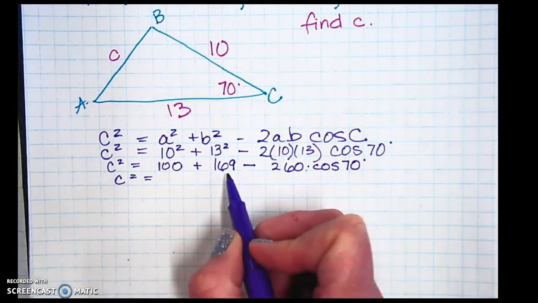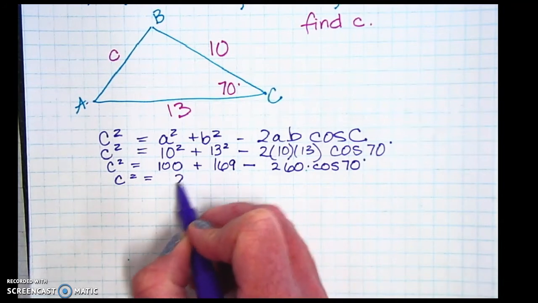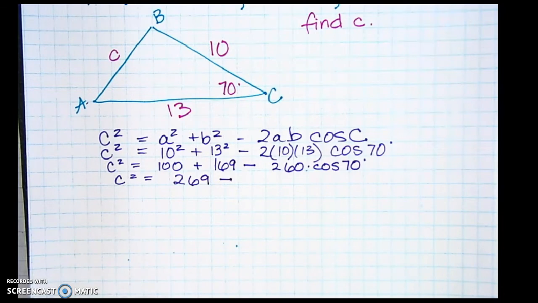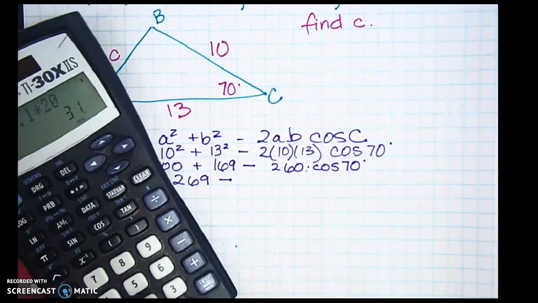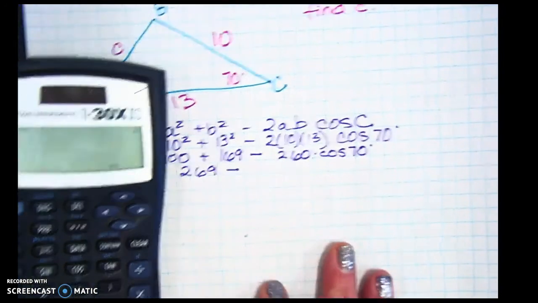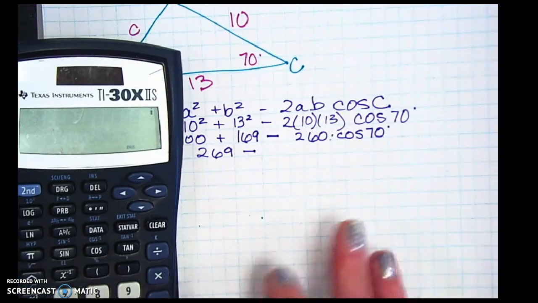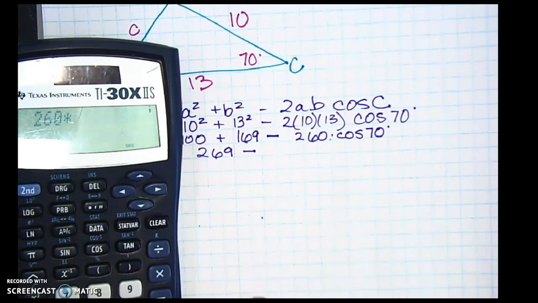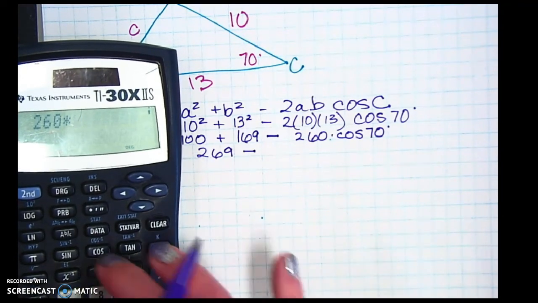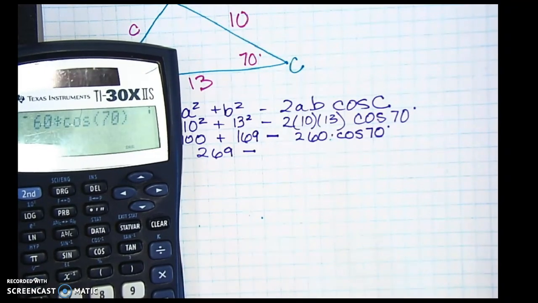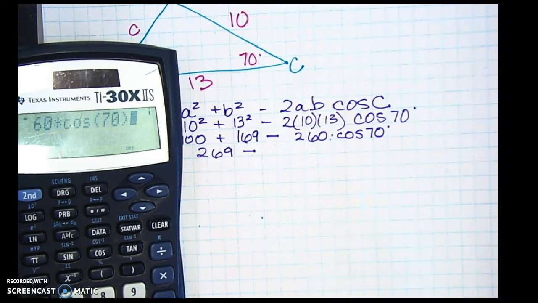So 100 plus 169 is 269 minus, and then you just want to punch this part in the calculator. I mean, you could have done other parts in the calculator up to this point, but I mostly did that much in my head. Okay, so I'm going to do 260 times the cosine of 70. That part you probably can't do in your head unless you've memorized a chart.